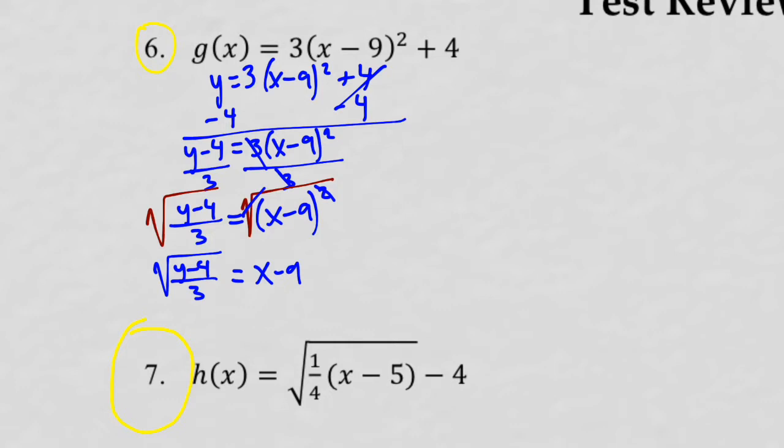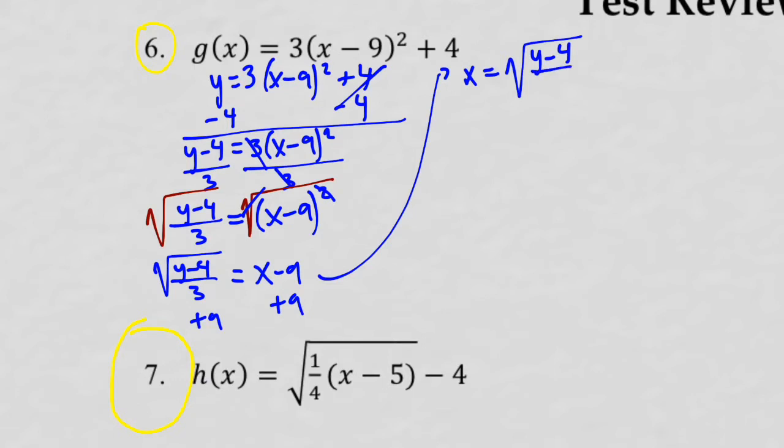I'm going to add 9 to both sides to get rid of it. We add 9 to both sides. Add 9, add 9. So what you get is x equals, I moved it to the left side also, the square root of y minus 4 over 3 plus 9. The 9 is outside of the radical.